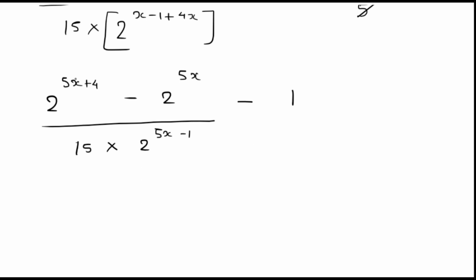Here I am taking 2 to the power 5x common in the numerator. So 2 to the power 5x, you are left with 2 to the power 4 minus 1.